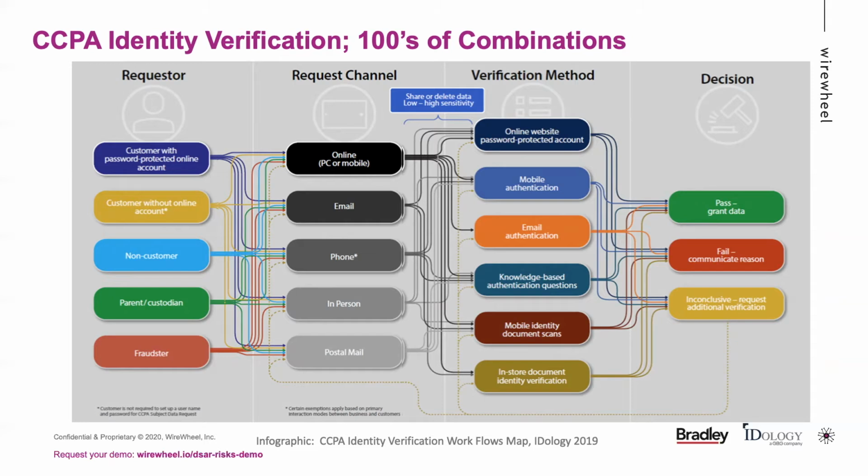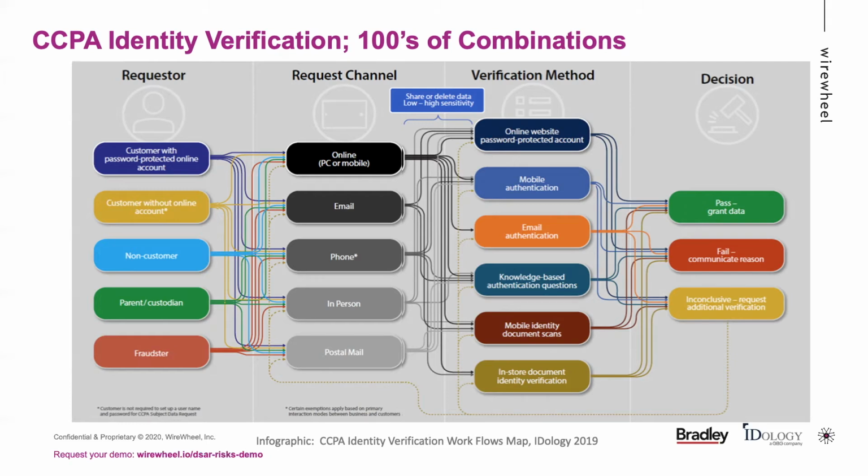But there are other kinds of requesting types and channels and methods, the decisioning process, and communications that have to go into this. If there's not a determination when an identity verification method is applied to a request, there have to be alternative methods presented.